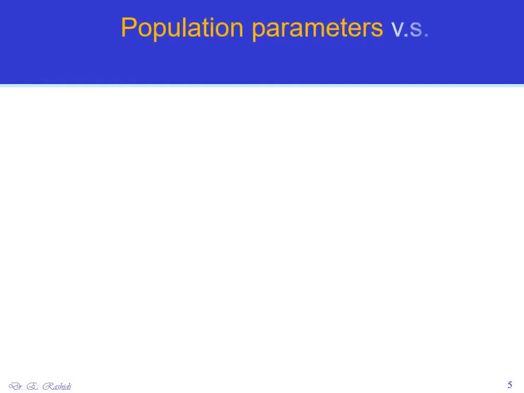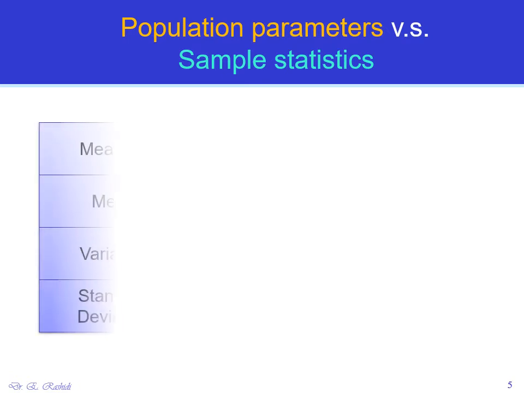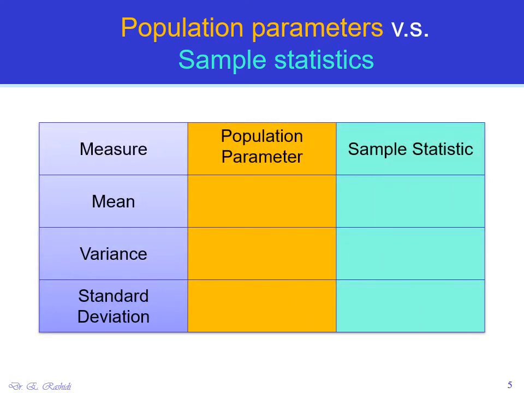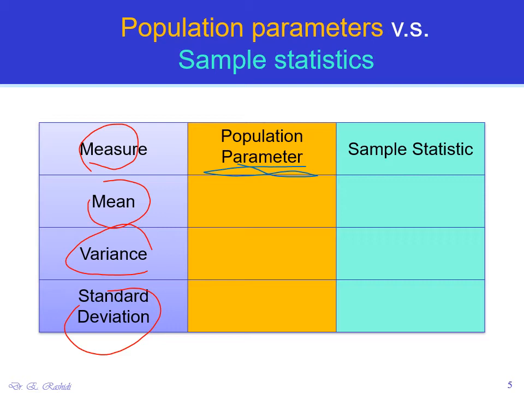Let's summarize what we have learned here in a nice table. So we want to talk about these population parameters versus sample statistics. For population, we have parameters, average, for example, standard deviation, variance, and for sample, we call them statistics, if you remember from the previous lectures. So let's show them in this nice table here. In the first column, we have the measures. These are the measures. We have the mean, the variance, and the standard deviation. For the population, we call these measures parameters.